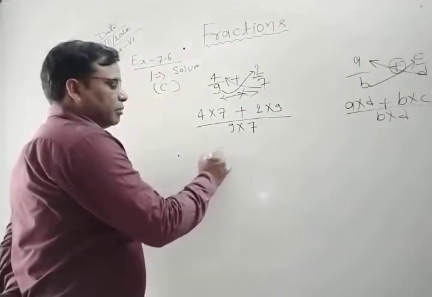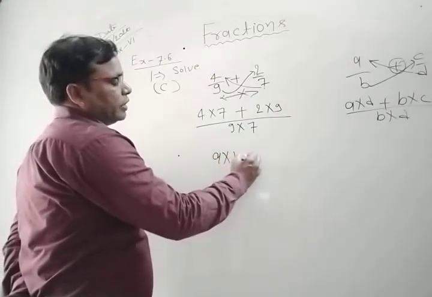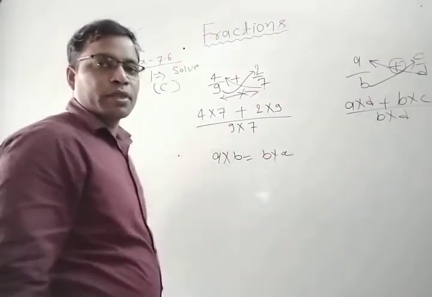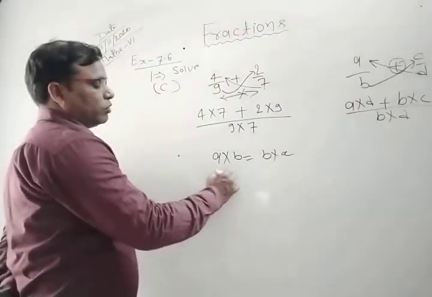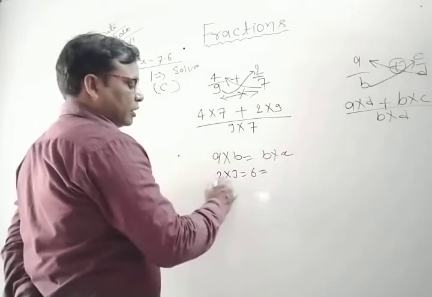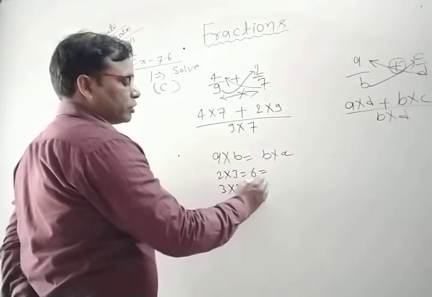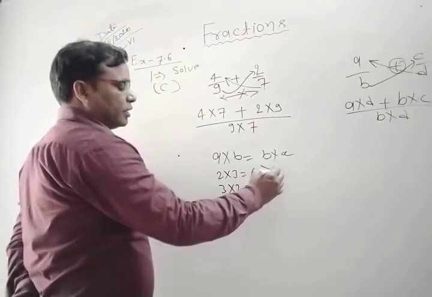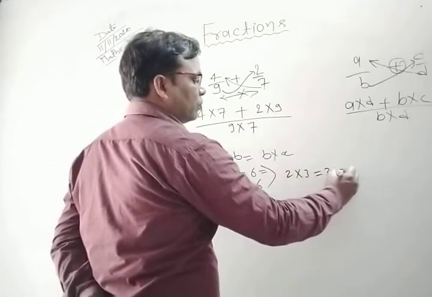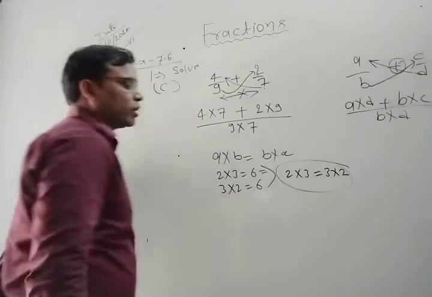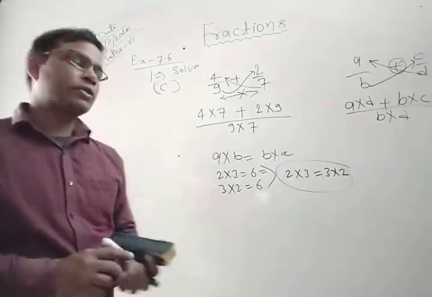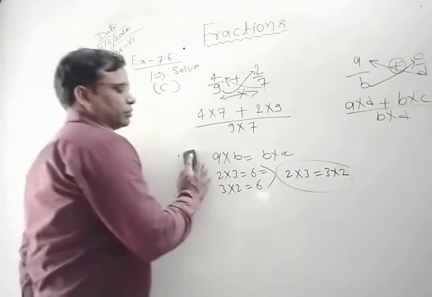The commutative law is, if you write A into B, then it is also equal to B into A. For example, 2 into 3 is equal to 6, and 3 into 2 is also equal to 6. Both are right. This is called the commutative law of multiplication. Clear?